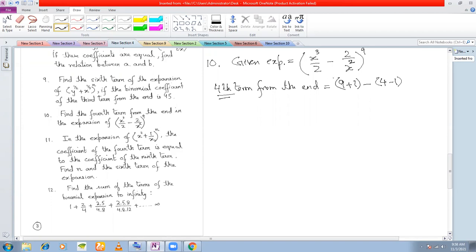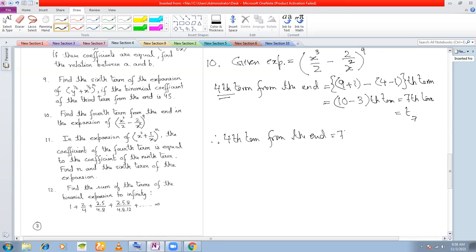So it is the 10 minus 3th term, which is the 7th term, which is T7. That means you simply have to find the 7th term, T7. So let's find T7. Therefore the fourth term from the end is the 7th term.